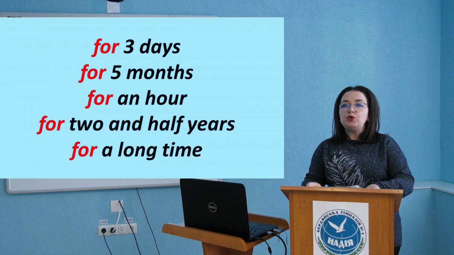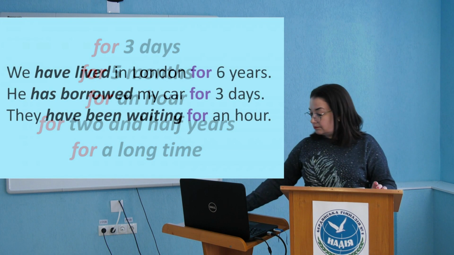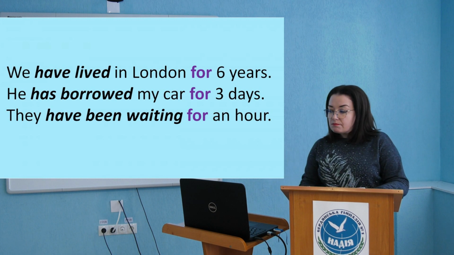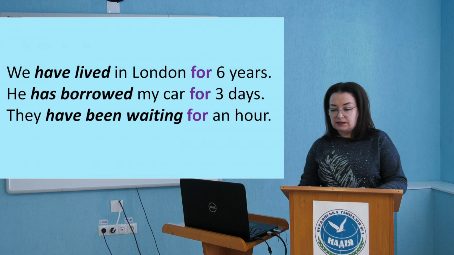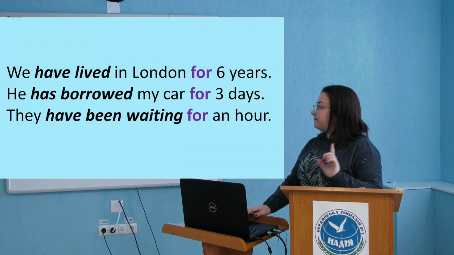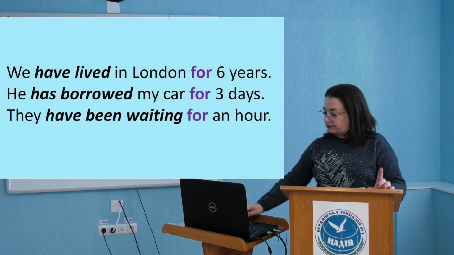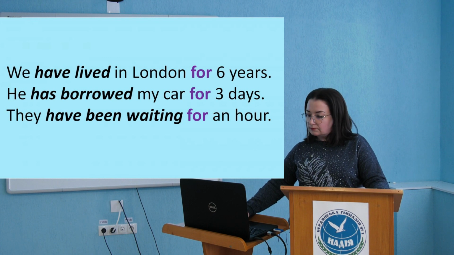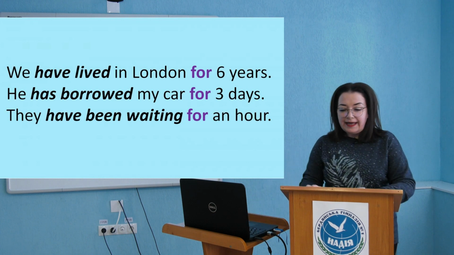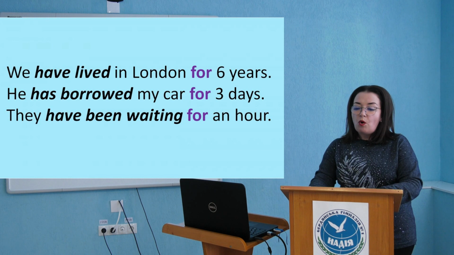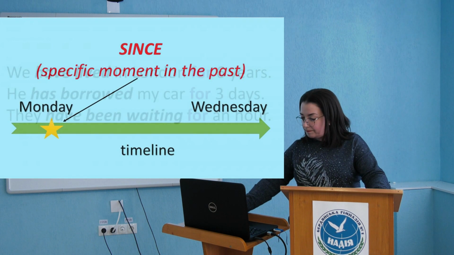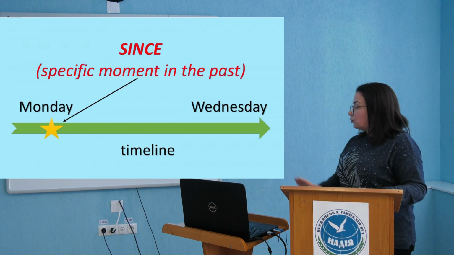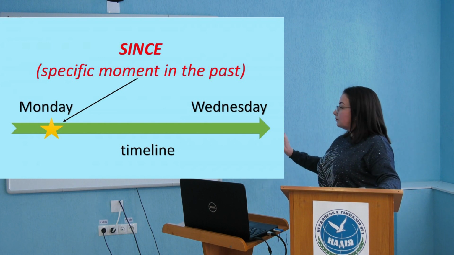Now, you need to use since with a specific moment in the past, with a specific point in the past. Okay, so let's go back to our timeline to talk about it again. Look, today is Wednesday, right?